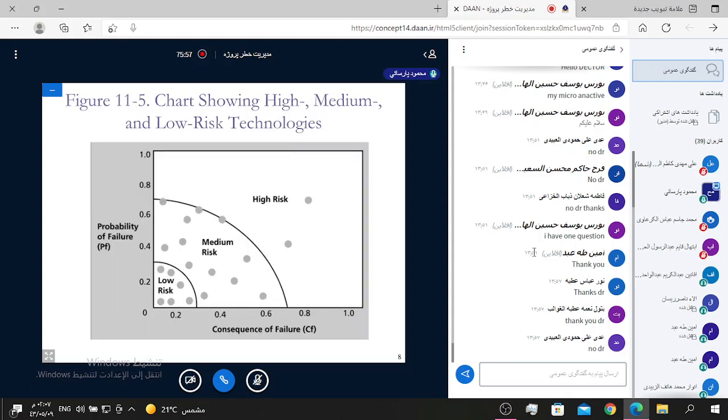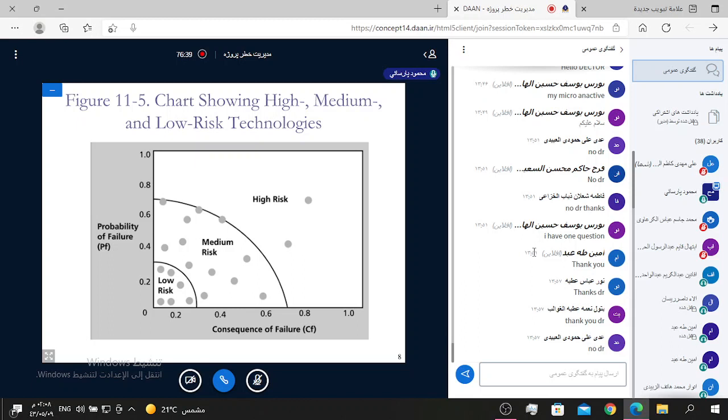And we can make a chart for these numbers by using probability and impact or effect of risk in our project or in our risk management. This figure is an example chart showing high, medium, and low risk technologies.